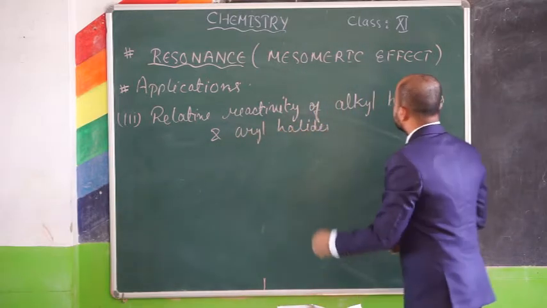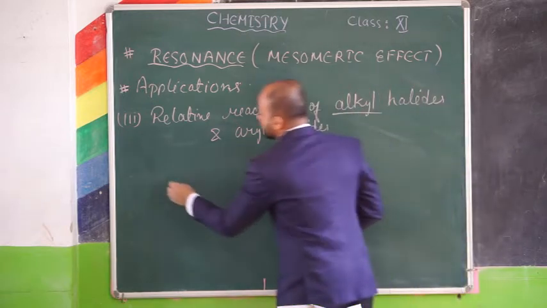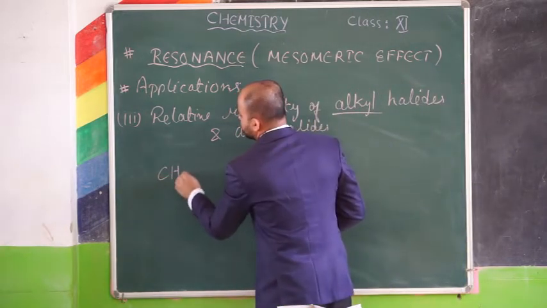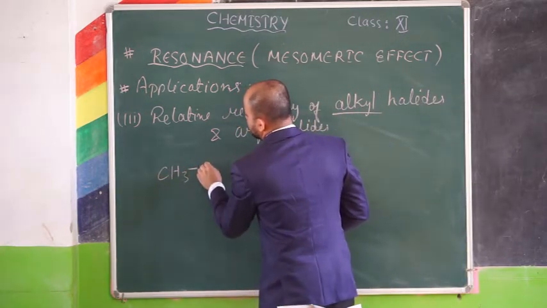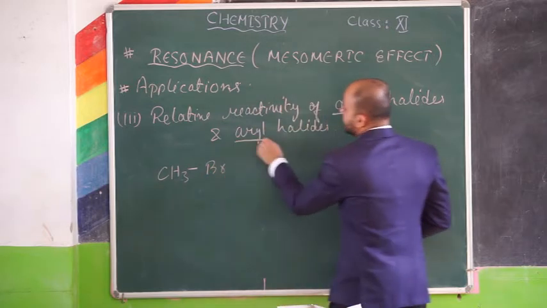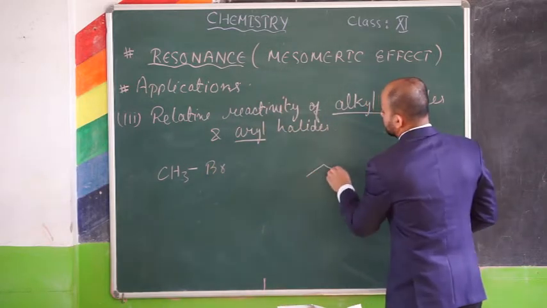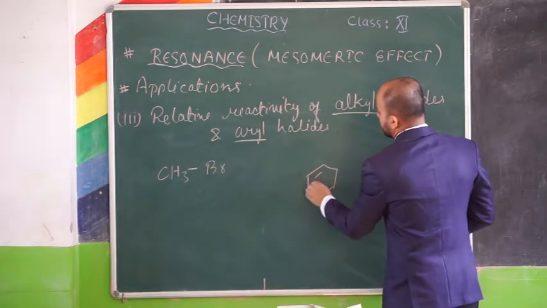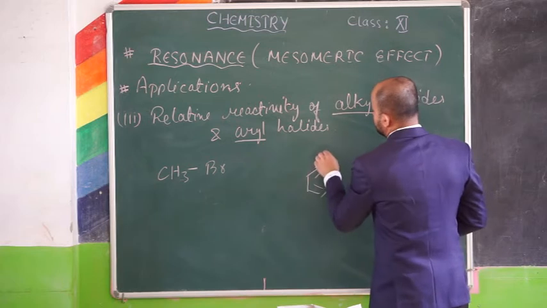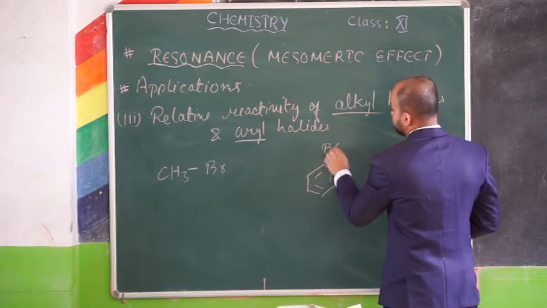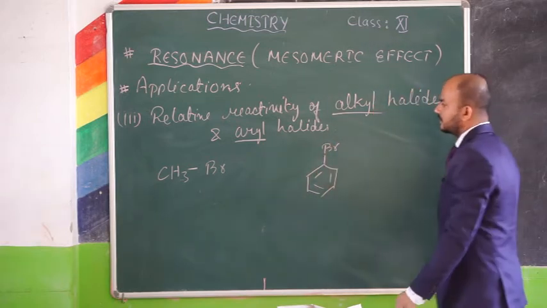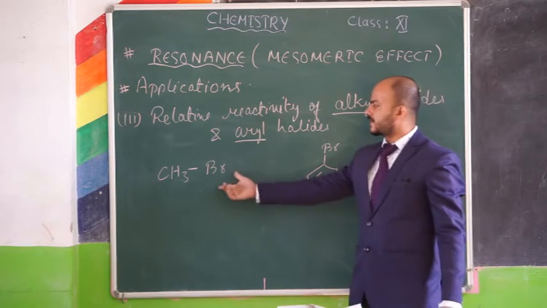Alkyl halides means you have an alkyl group, say CH3, and a halide, let's say Br. Aryl means the aromatic benzene group, so here you have Br. Now we are going to compare their reactivity.